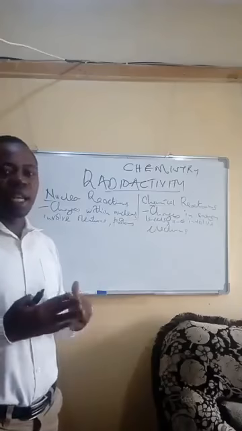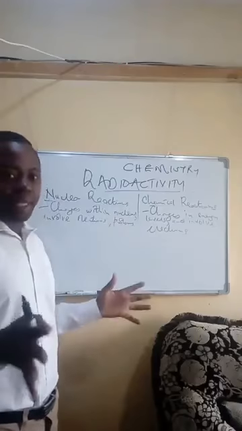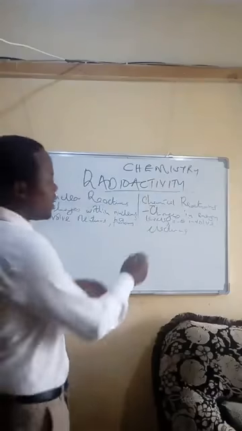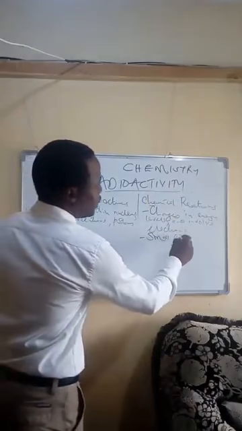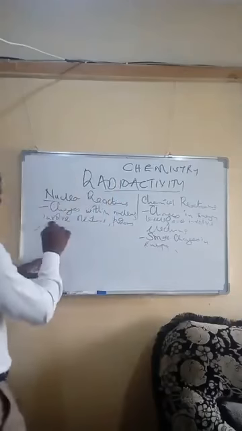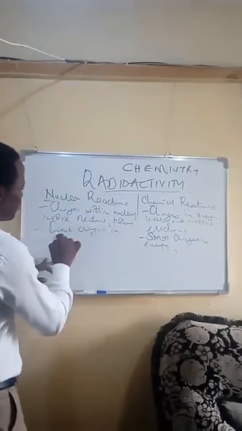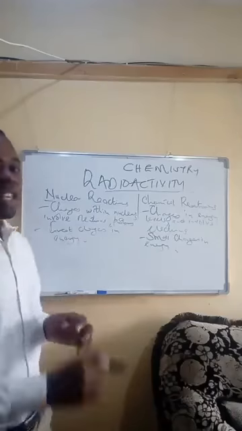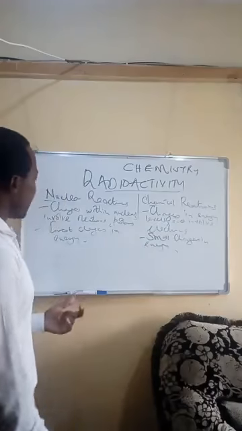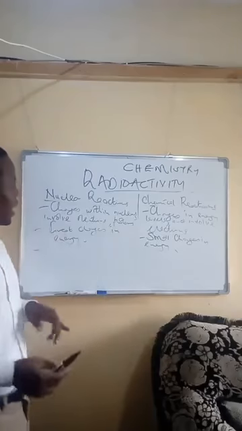The amount of energy released is so much, it is enough to bring down a whole building or even to flatten a town. In the case of chemical reactions, the energy released is very small. The changes in energy are very small in the case of chemical reactions. The changes in energy are very large in the case of nuclear reactions.